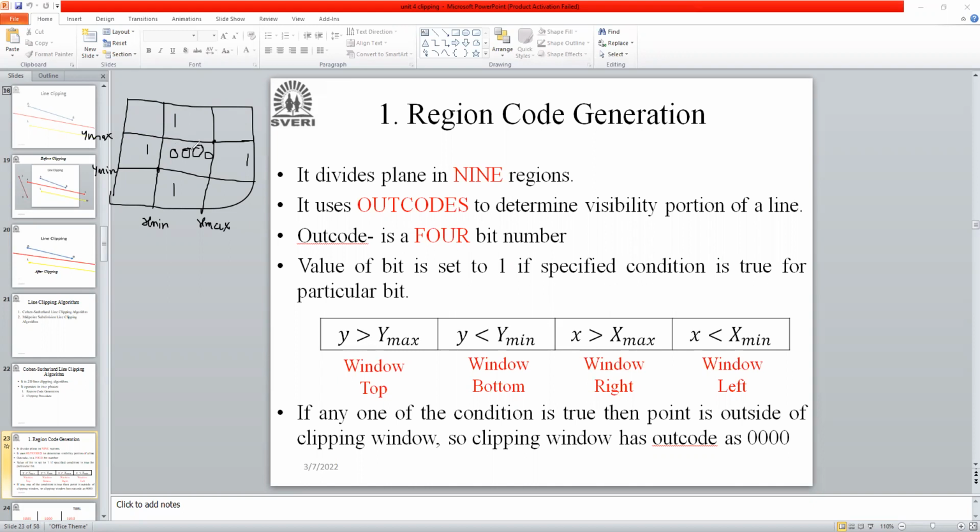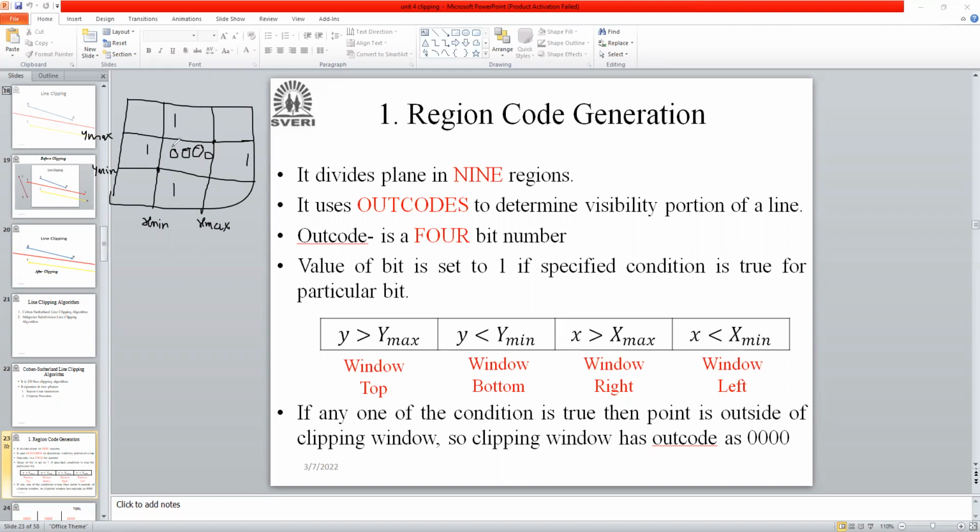So here it is considered as if the portion is on the left hand side. So this clipping window is having coordinates lower left corner as x min y min and upper right corner as x max y max. So these are the two coordinates which will give you the rectangular window.